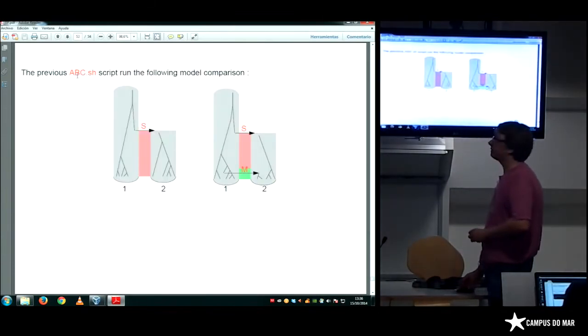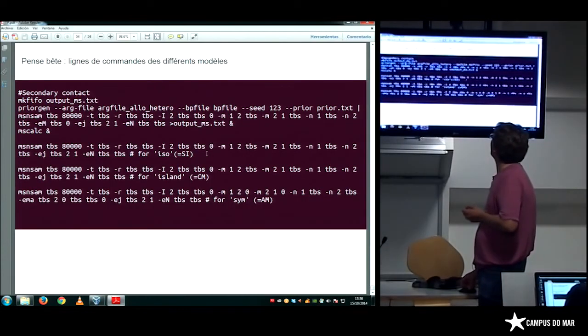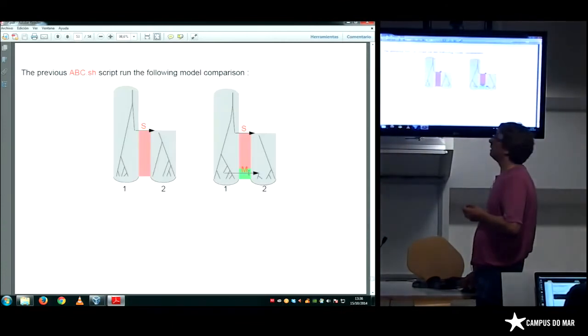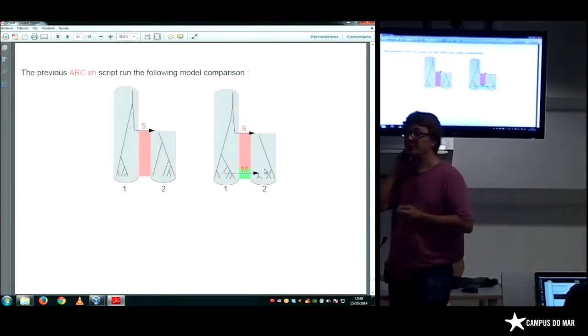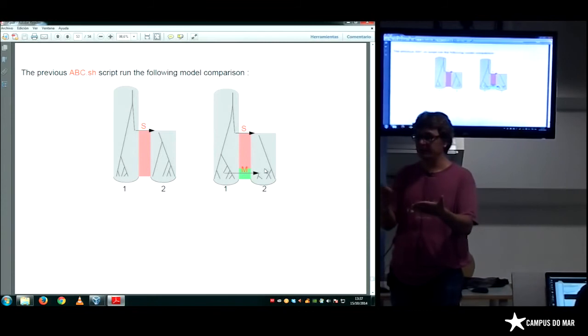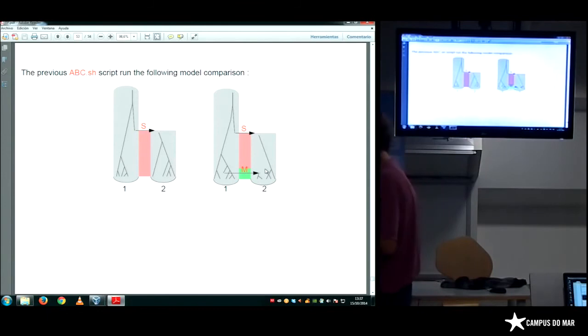So I gave you the script that does all the analysis automatically, abc.sh. It compares these two models, the model of isolation without gene flow and the secondary contact model. And that's it. So if you install the abc package and then you type abc.sh, you should have all the analysis that is going to be done.